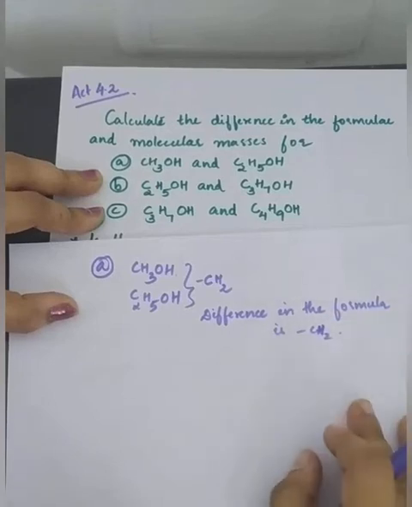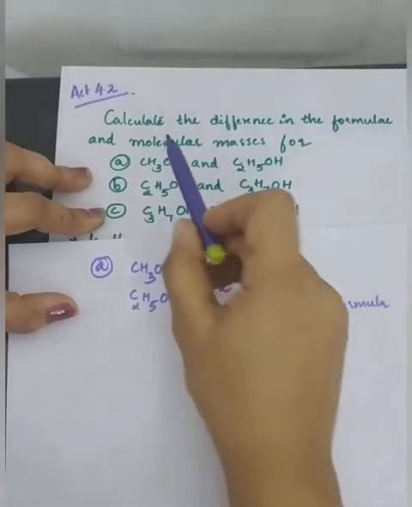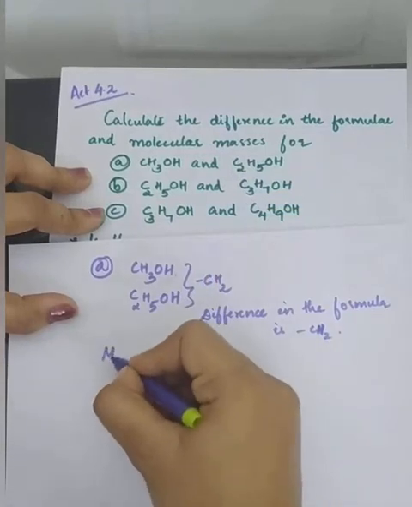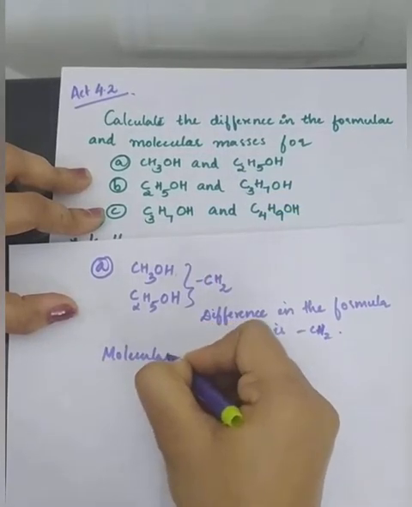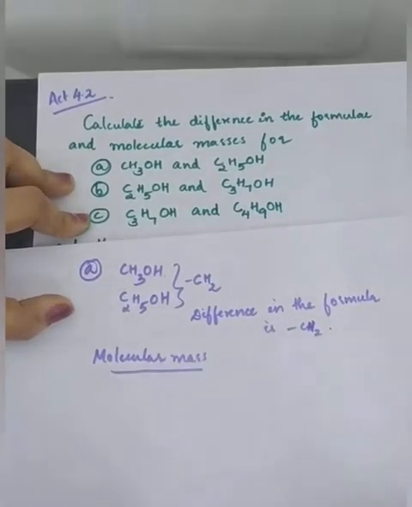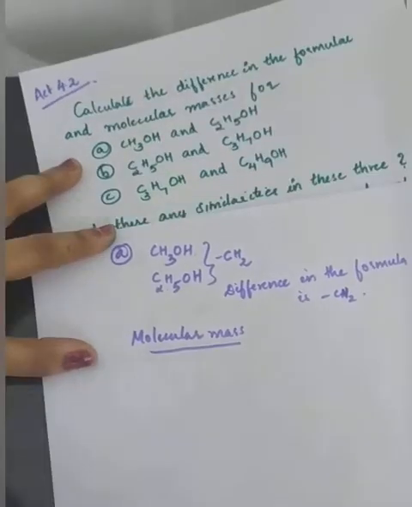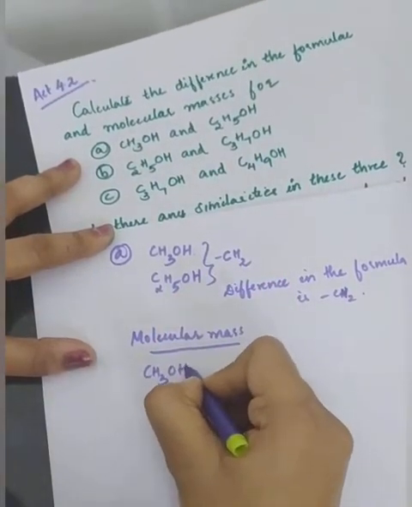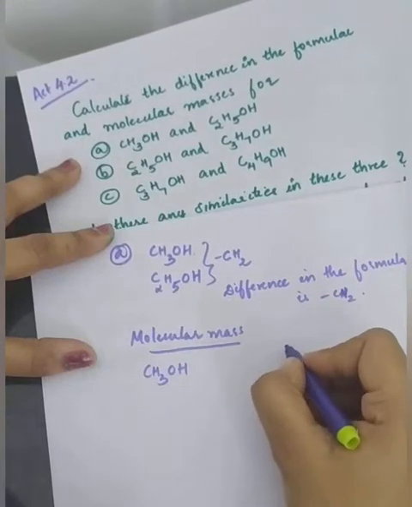Now the second part is what? You have to calculate the difference in the molecular masses. So the molecular masses you have to calculate in these two compounds. The first one is CH3OH. The next one you have to calculate is C2H5OH.